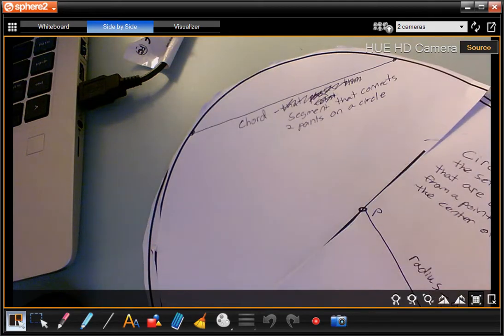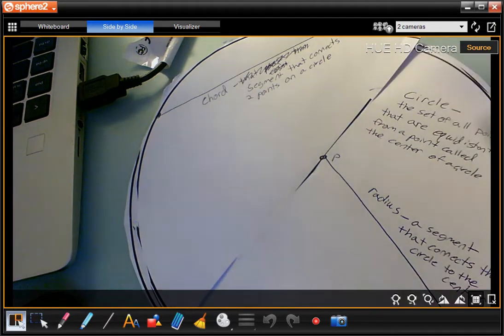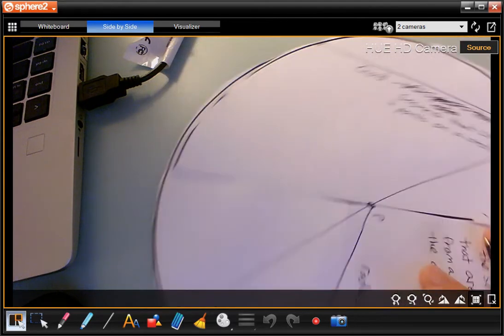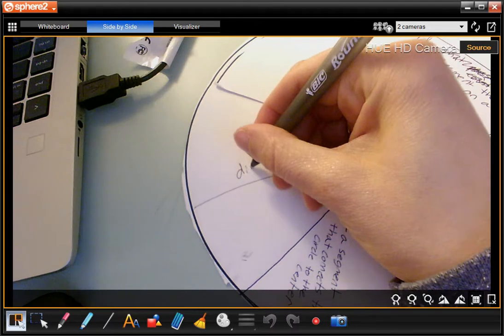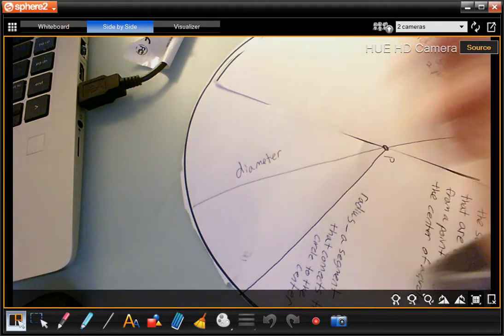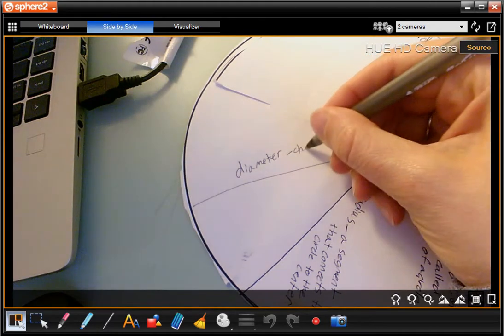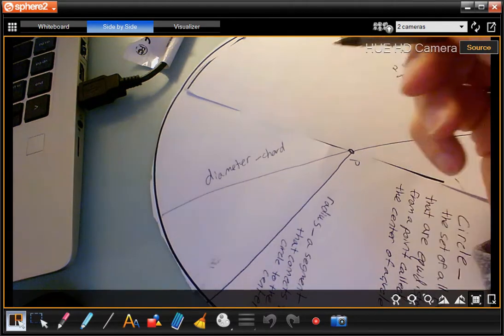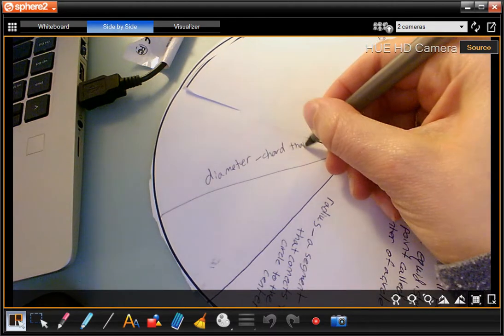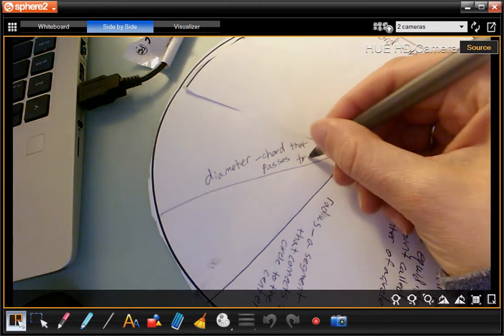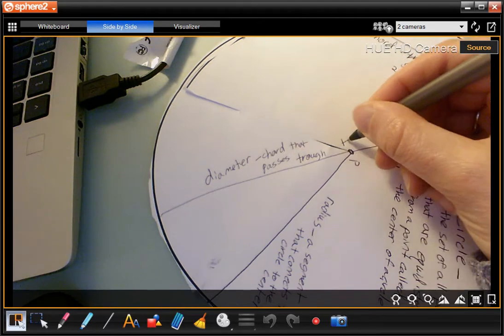And then we've got a special chord. So this chord goes from one side all the way to the other and goes through the center. That's called a diameter. And a diameter is a chord because it touches both sides of my circle and passes through the center.